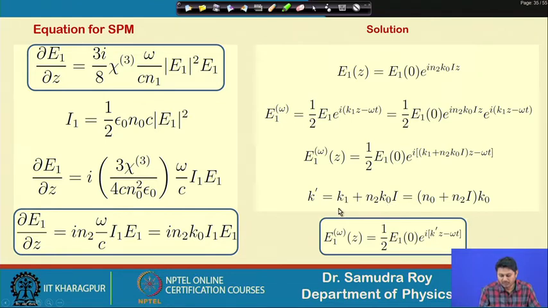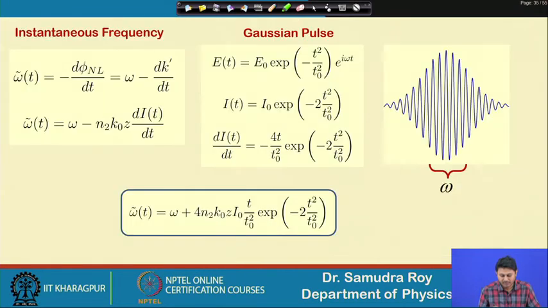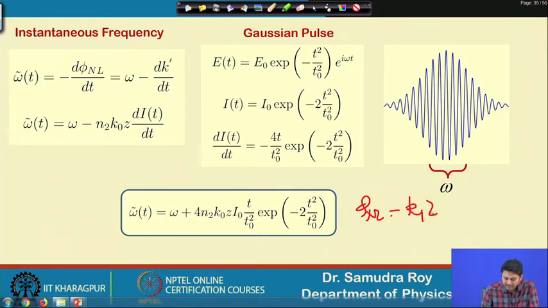So, k1 is the propagation constant corresponding to the refractive index n1. Now what happened, because of this k prime, if I put this entire equation, phi nonlinear again is k prime z minus omega t.